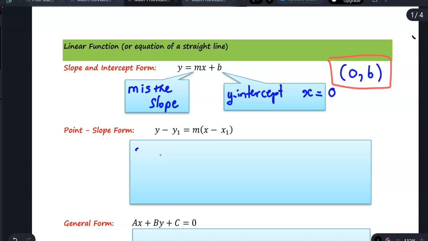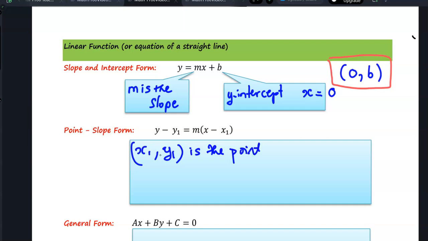So x1, y1 is a point on this graph, any point given on the graph or right on the Cartesian plane. So this is a given point. You expect that it's given to you.